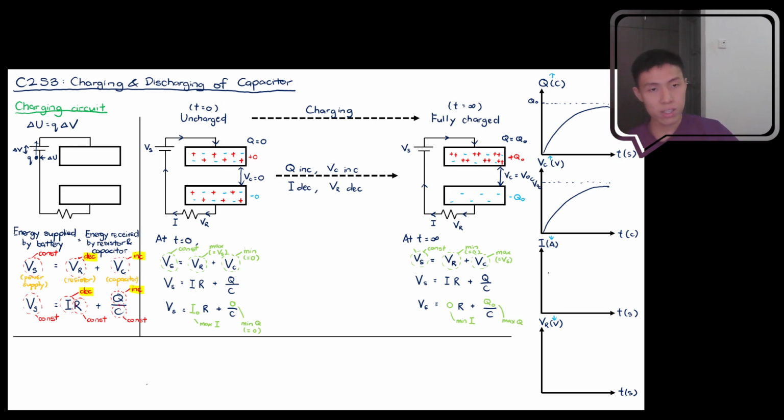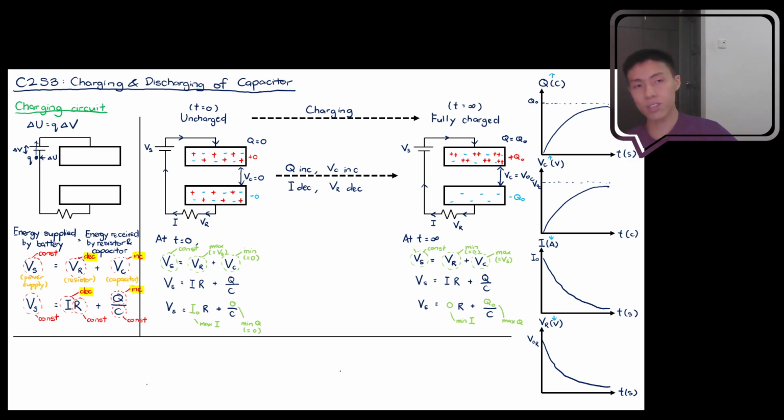Whereas for current, just now you already saw that current will drop from its maximum and approach 0. We know that VR also follows the same trend as current based on Ohm's law, so it will also drop to near 0.